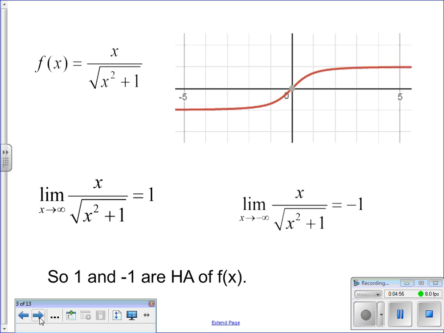But when I put in very, very large numbers, 10,000, 10 million, if I take 10,000 and square it, does the 1 really matter? It doesn't really matter. It's insignificant at that point.